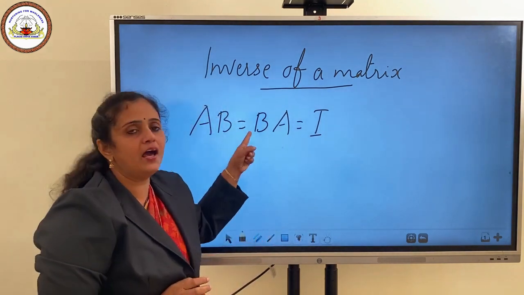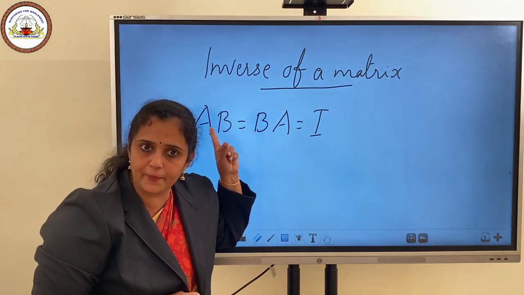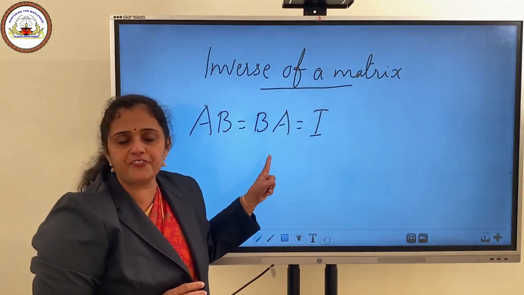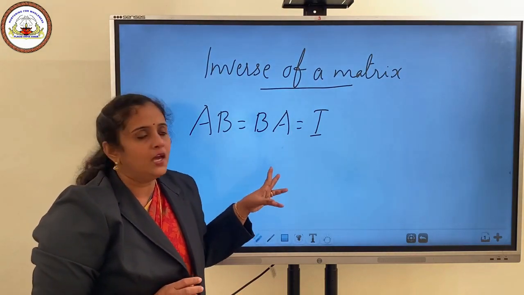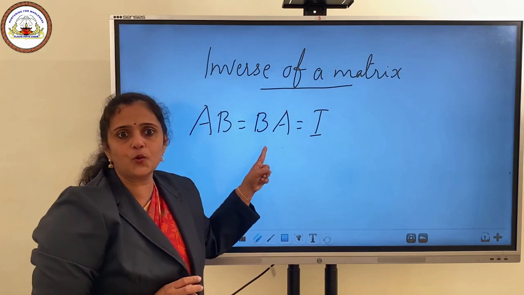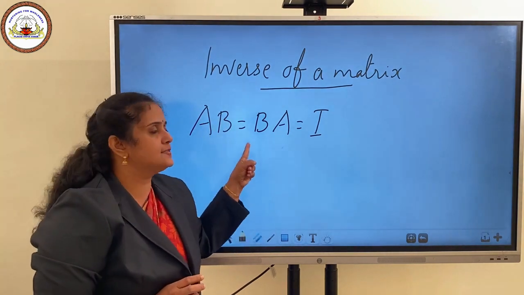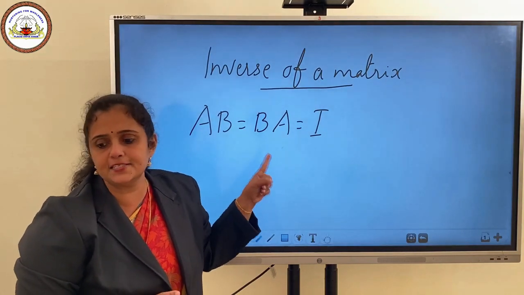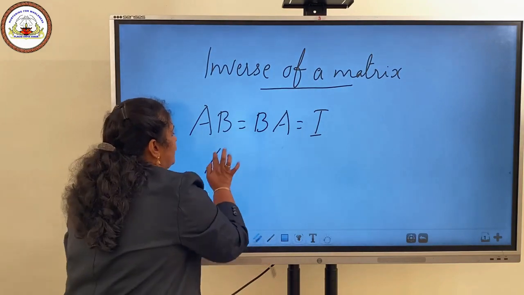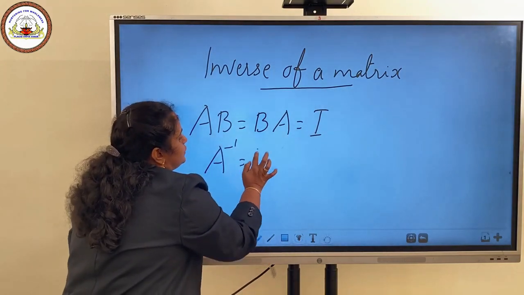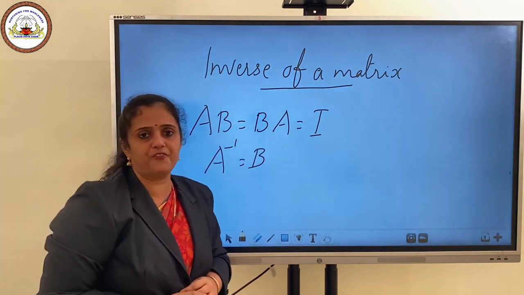Non-singular means determinant of A not equal to 0 and determinant of B not equal to 0. Then AB is equal to BA is equal to I, so A inverse is equal to B. And we can say that this is the inverse of a matrix.